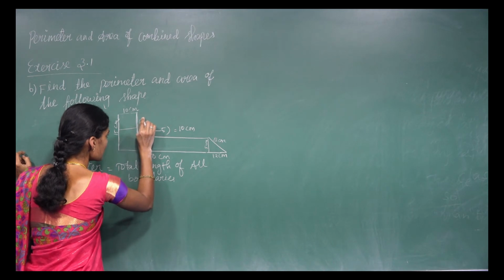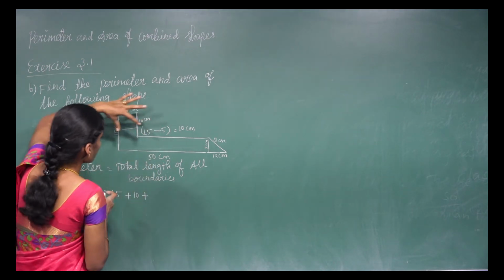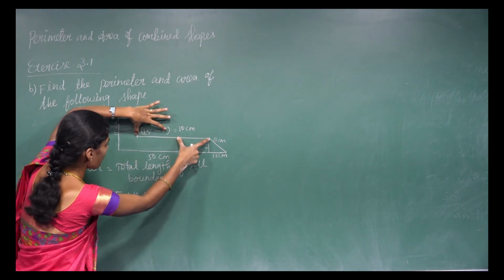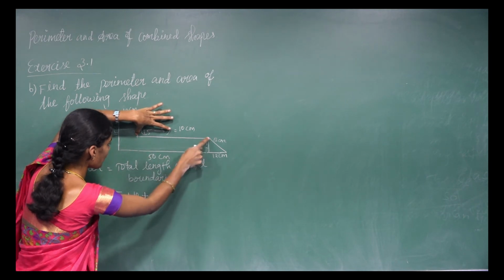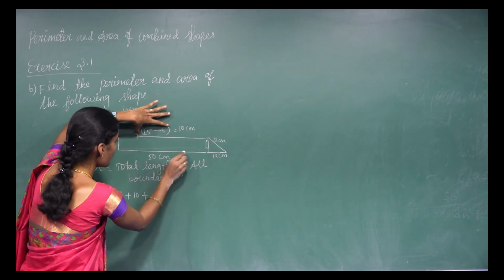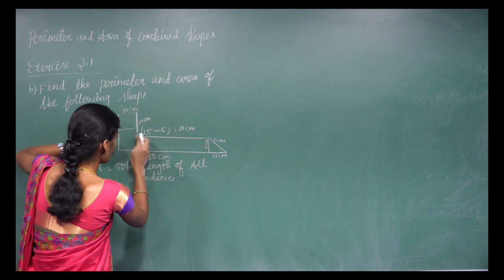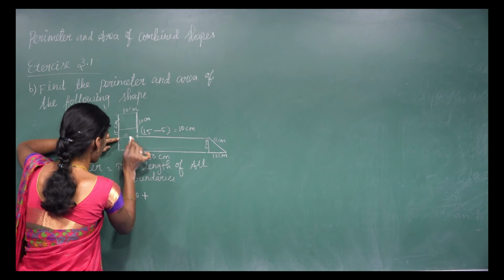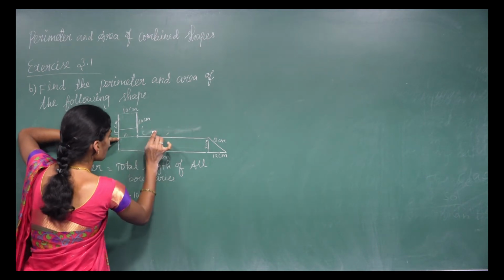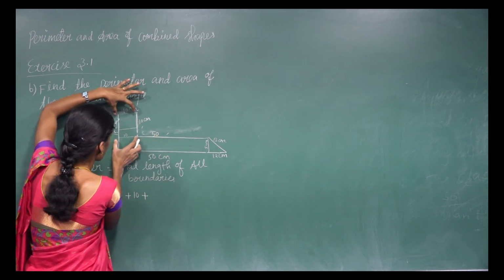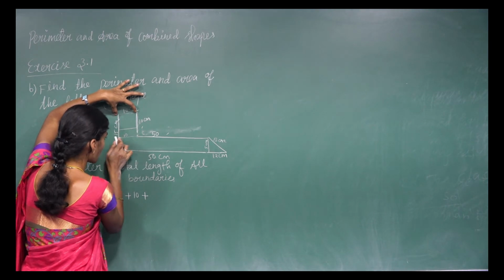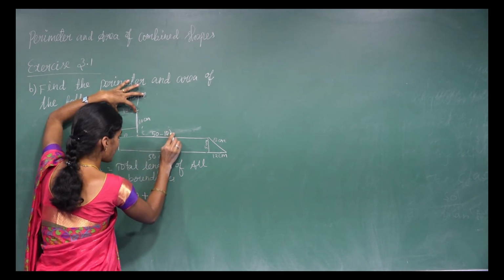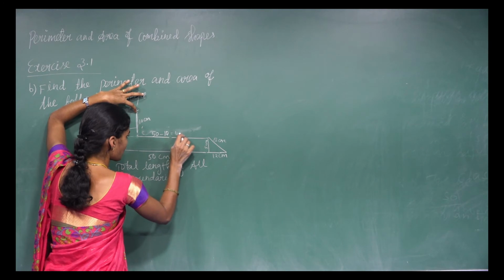15 centimeter. Next, we want to calculate this portion only. See, this is totally fully 50. We want to reduce this portion, which is 10. Now, totally 50, and the remaining portion occupied is 10. So, 50 minus 10. What is the answer? 40.